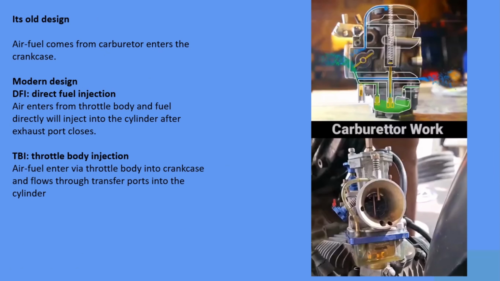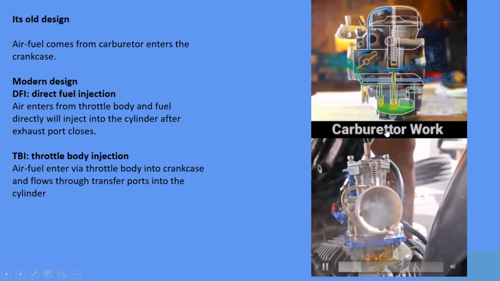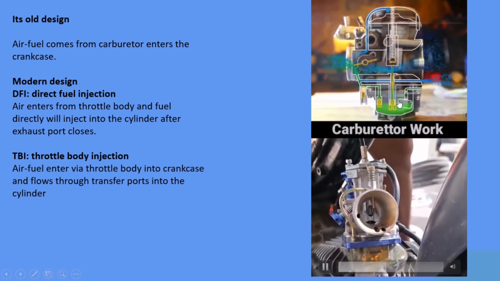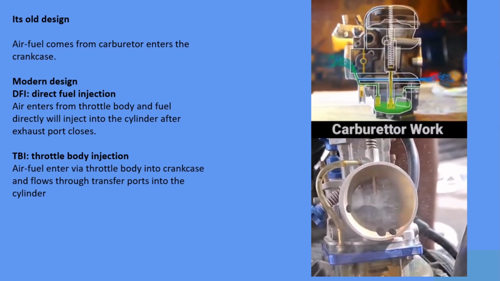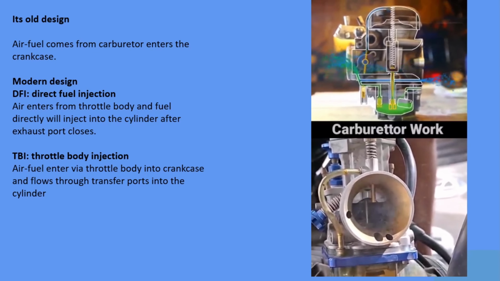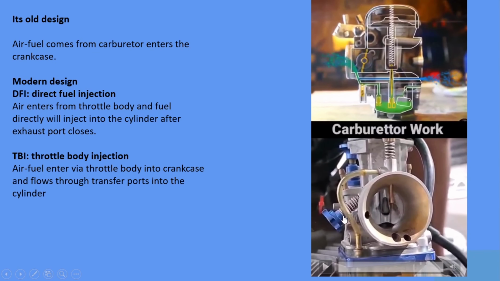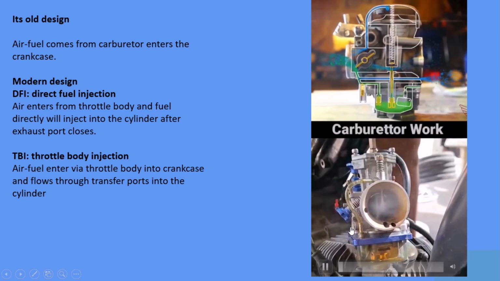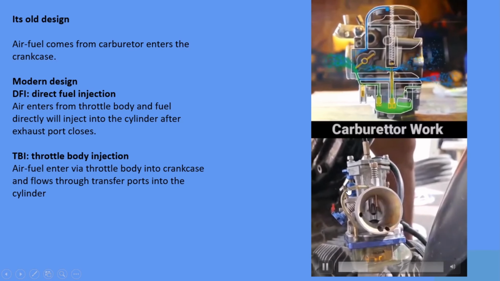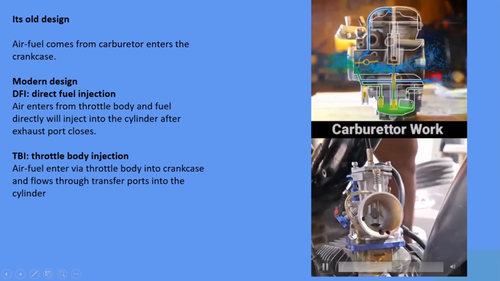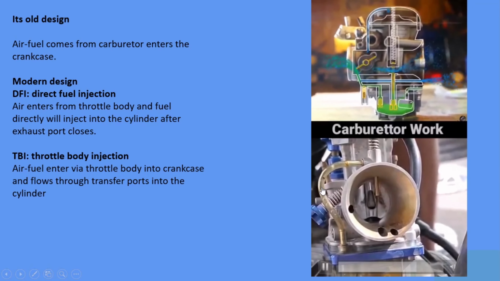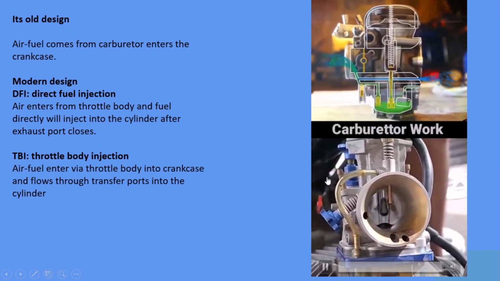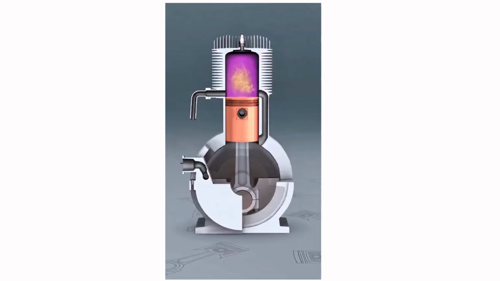Okay, it's the carburetor work. Yeah, as you can see, the fuel and the oil come from the tank, and they want to go to the crankcase. In the middle there is a carburetor. What is the duty of the carburetor? Okay, the carburetor is delivering the air. So when the fuel and oil are coming from the tank, there is a carburetor.